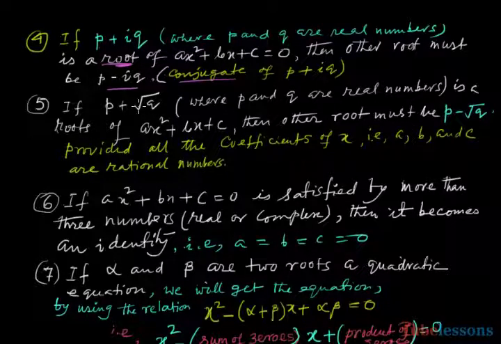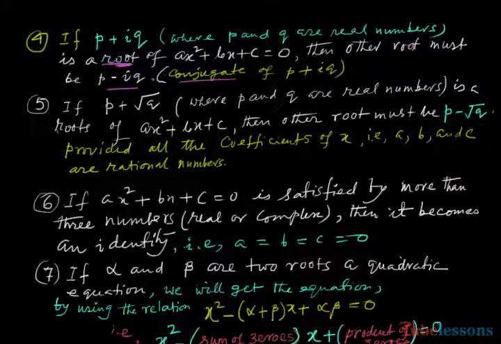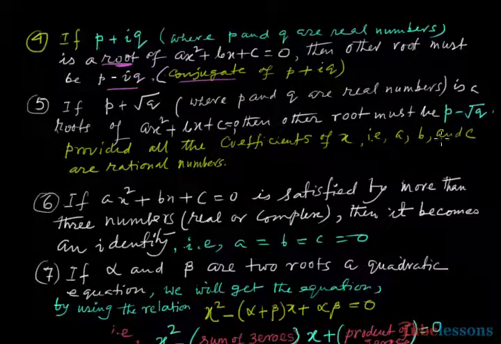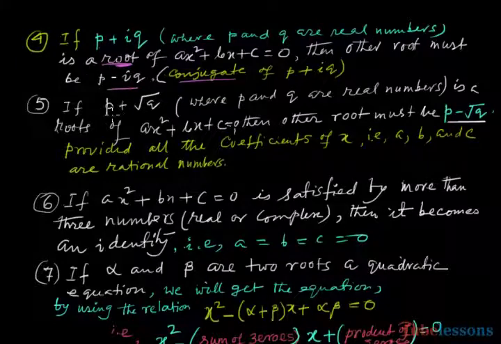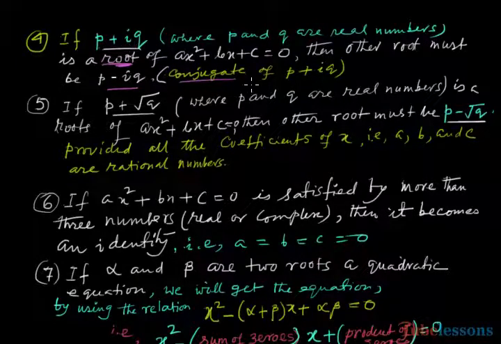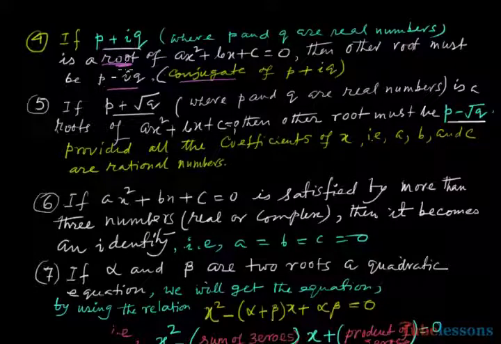And if p plus root q, where p and q are real numbers, is a root of quadratic equation this is equal to 0, then other root must be p minus root q. Here also it is a conjugate. So p plus root q, the conjugate is p minus root q. And if p plus iq, then p minus iq will be the other root.